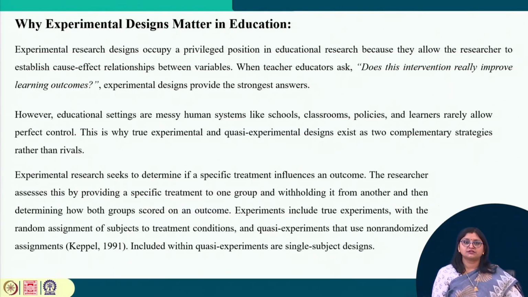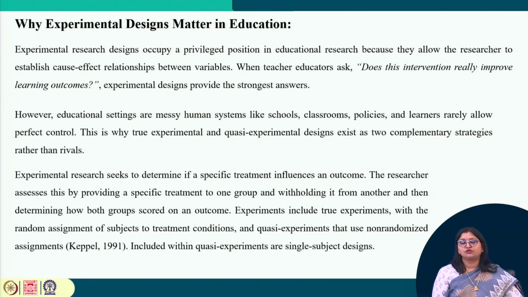Experimental research seeks to determine if a specific treatment influences an outcome. The researcher assesses this by providing a specific treatment to one group and withholding it from another, and then determining how both groups score on an outcome.